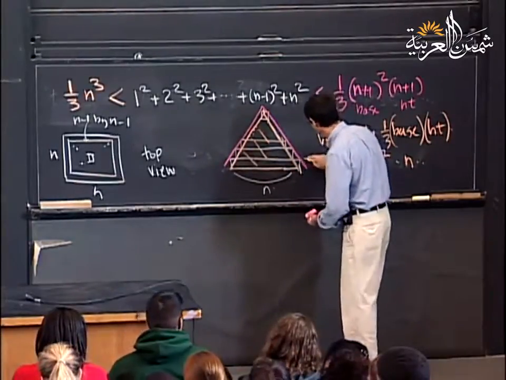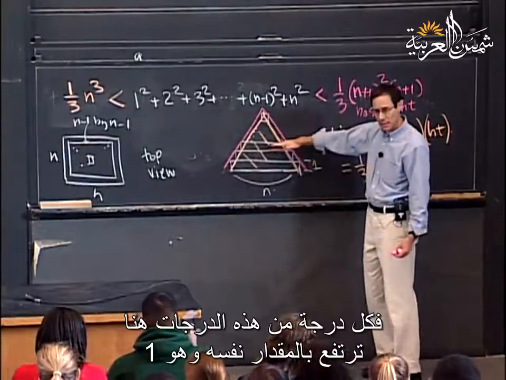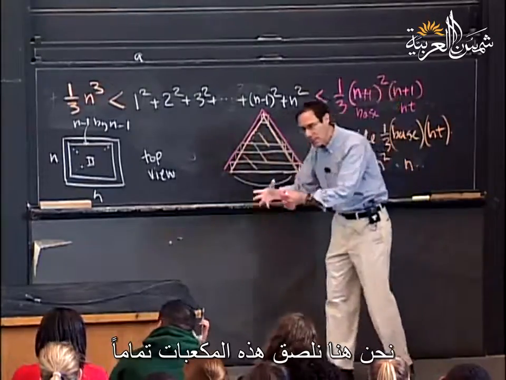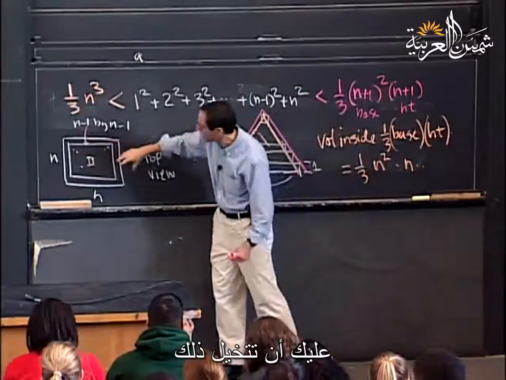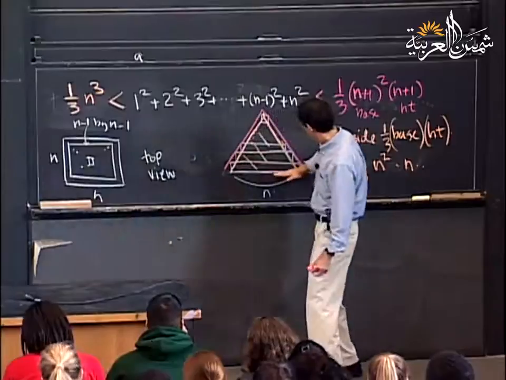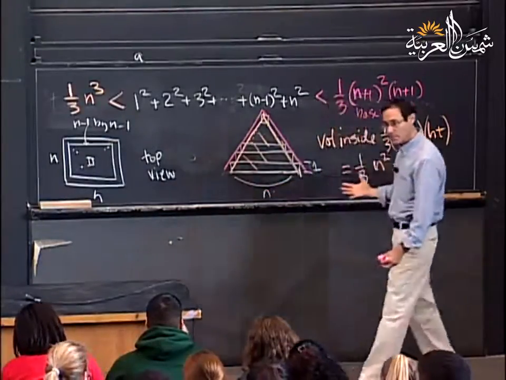Thank you for pointing that out. Each one of these little staircases here has exactly height 1. So I'm honestly sticking blocks there. They're sort of square blocks, and I'm lining them up, and I'm thinking of n by n cubes, honest cubes there. And the height is 1, and the base is n squared. Okay?